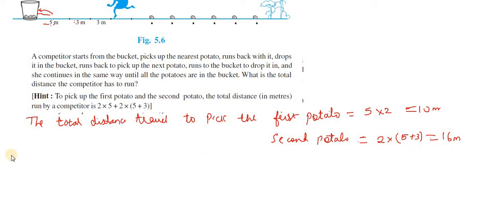So similarly, for the third potato, how much does she travel? 2 into 5 plus 3 plus 3. So what is 5 plus 3 plus 3? 5 plus 3 is 8, 8 plus 3 is 11, 11 into 2 is 22 meters.